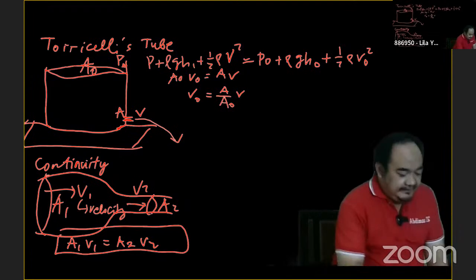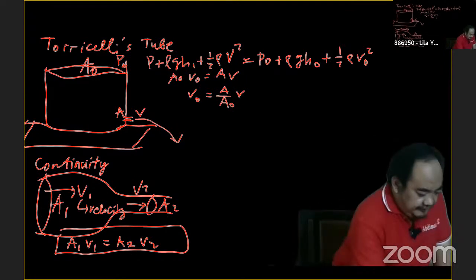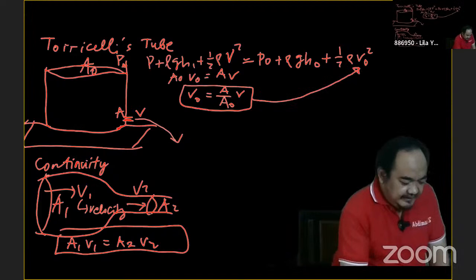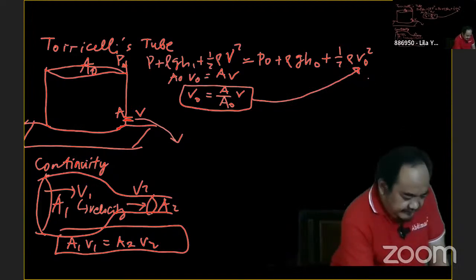And if we apply this velocity into this v naught square, we have the A over A naught square.